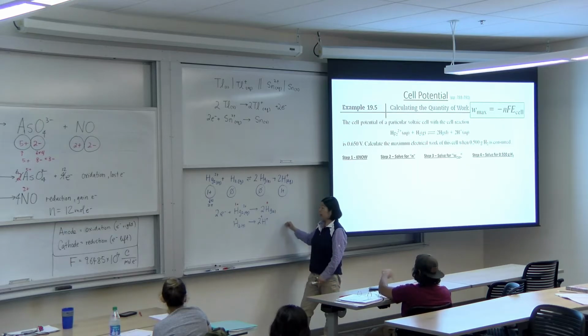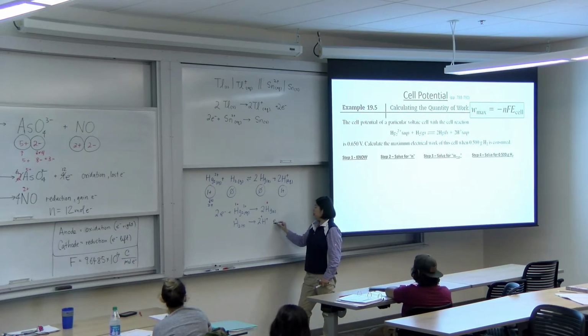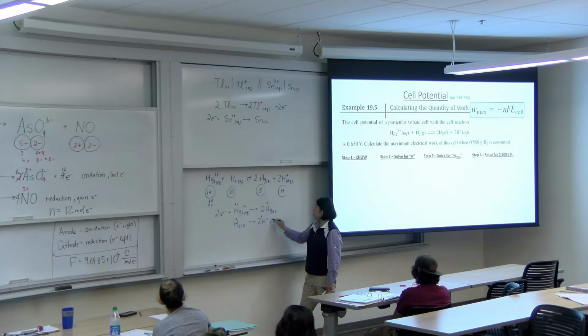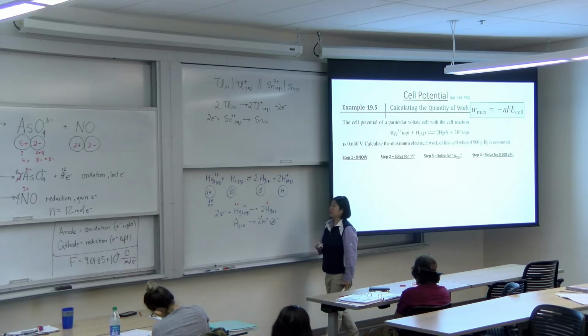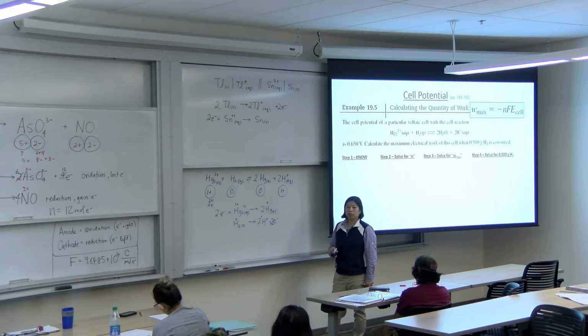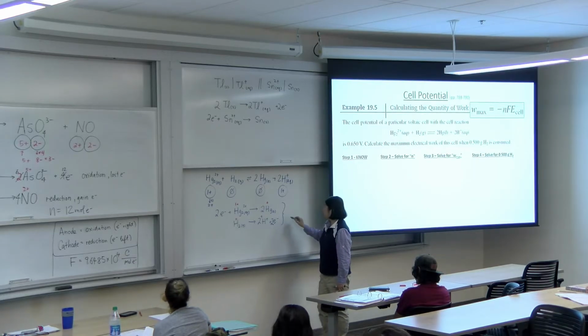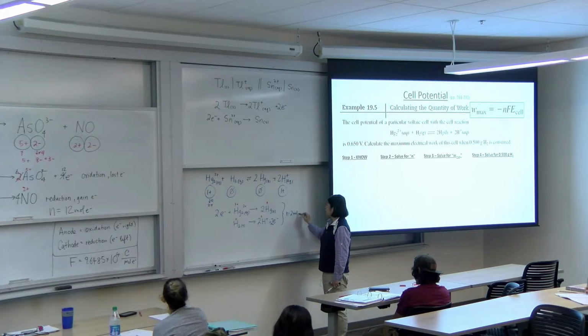Electron here, right? But remember, that's for one hydrogen. How many hydrogens are undergoing this process? 2. So what is N? So from this situation, we figure out that N is equal to 2 moles of electrons.